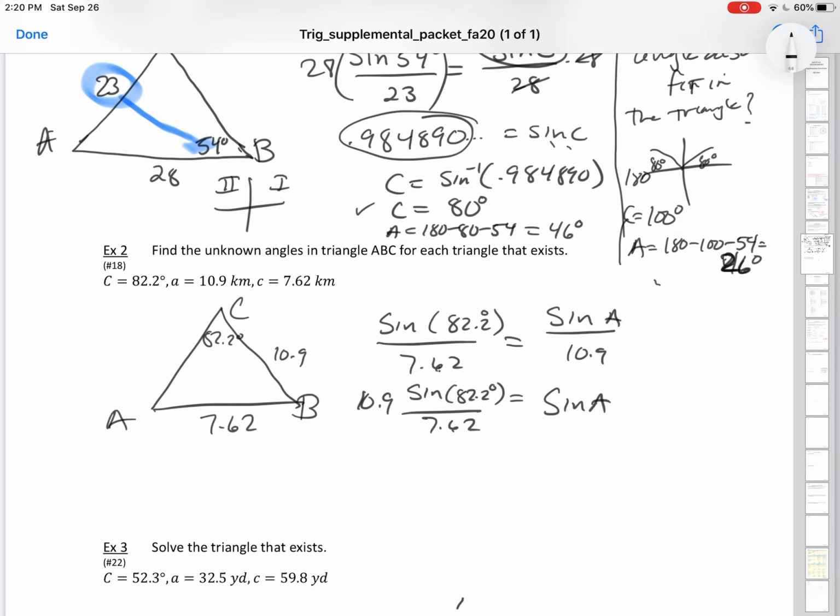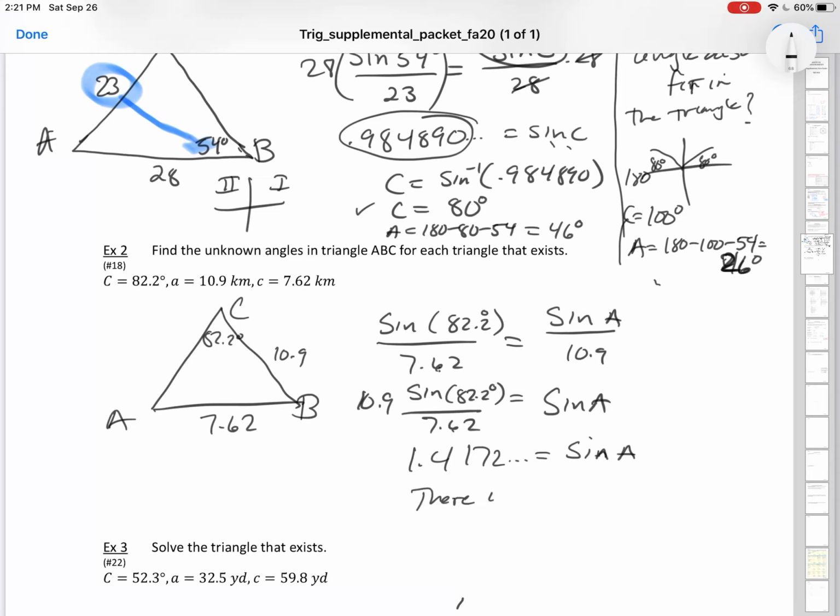And the number that comes up is 1.4172, and it keeps going, is equal to sine A. So the wise student, the one that's learned something from the first stuff, will know that they're done. The one that's not so observant will take sine inverse of this number, and it will say it does not exist. Sine is bounded between 1 and negative 1. And so therefore, to have something come out as 1.4 through a sine is impossible.